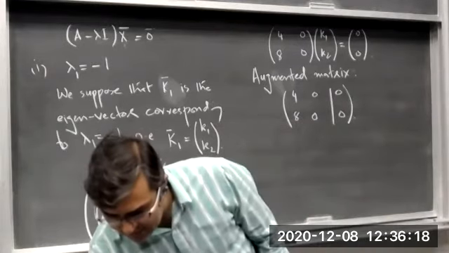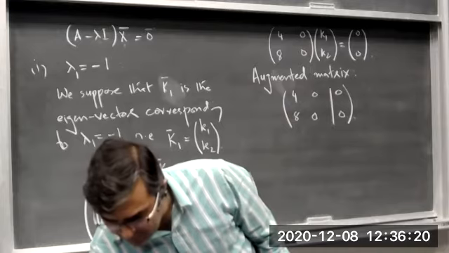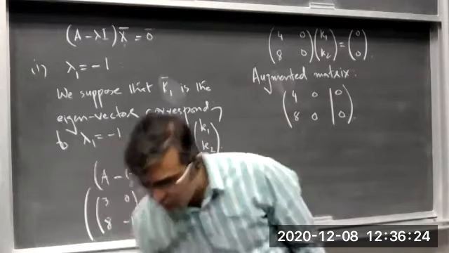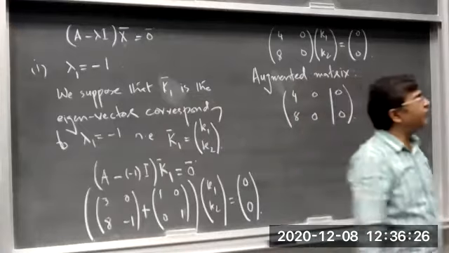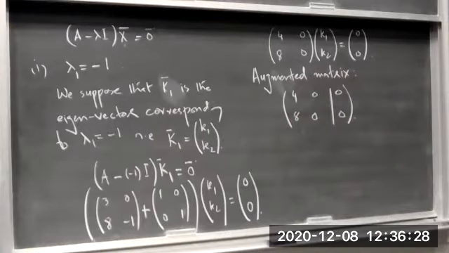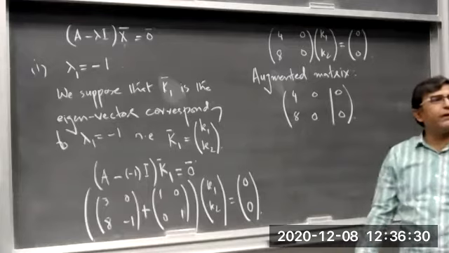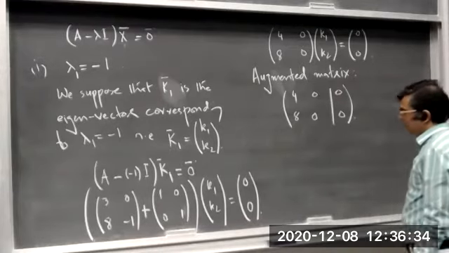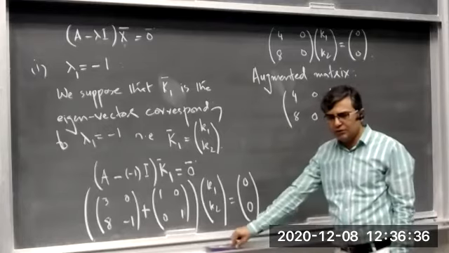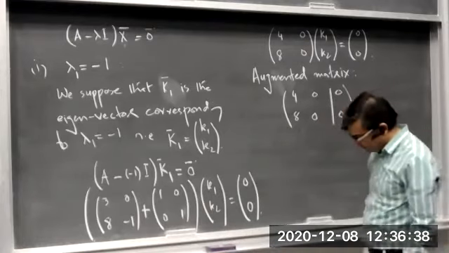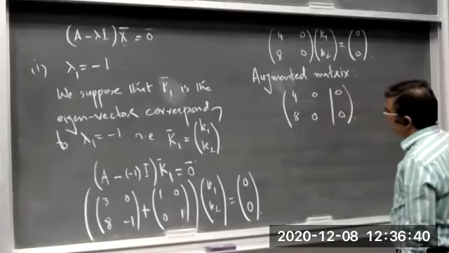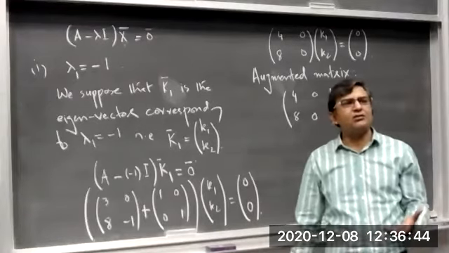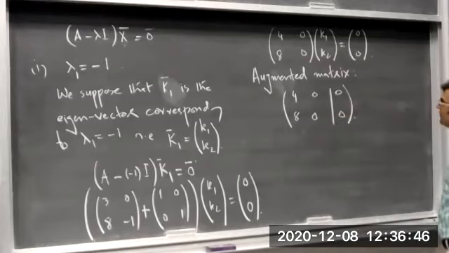I hope you know what is echelon form or reduced echelon form. If anybody doesn't, he can ask me any question. Echelon form and reduced echelon form, you have already studied in your Math 120 linear algebra course.